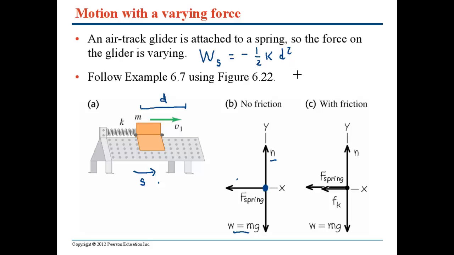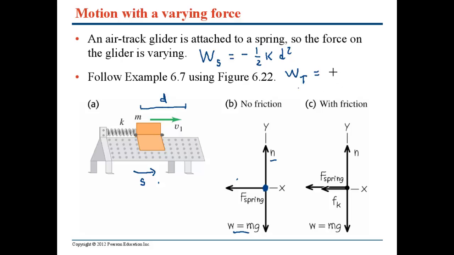If I think about the movement of the cart, I can say that the work done by the spring is also going to be the work done to slow the cart down. At some point, we know that the cart is going to have a final velocity of 0. How much work was done to that cart in order for that to happen?